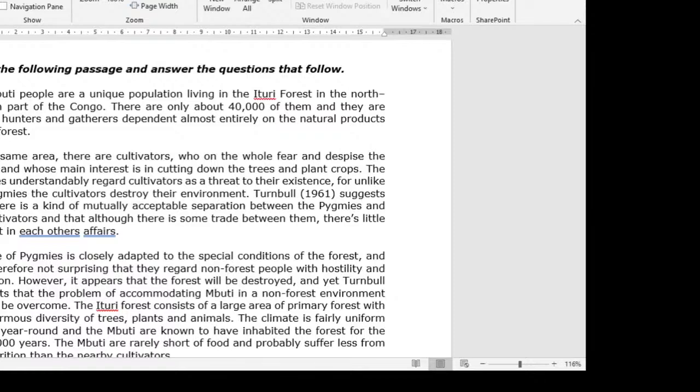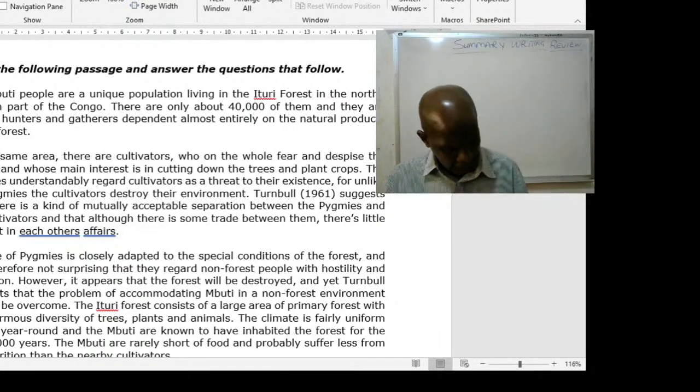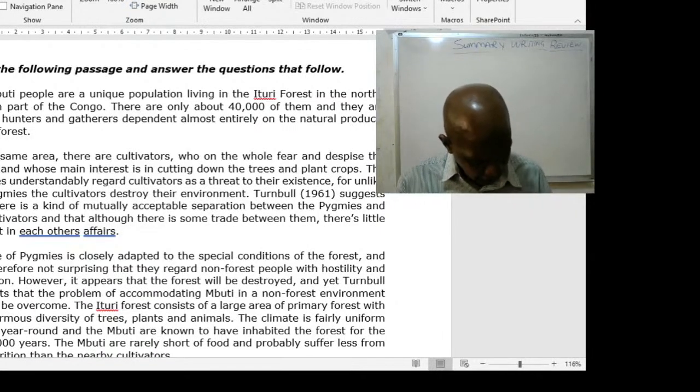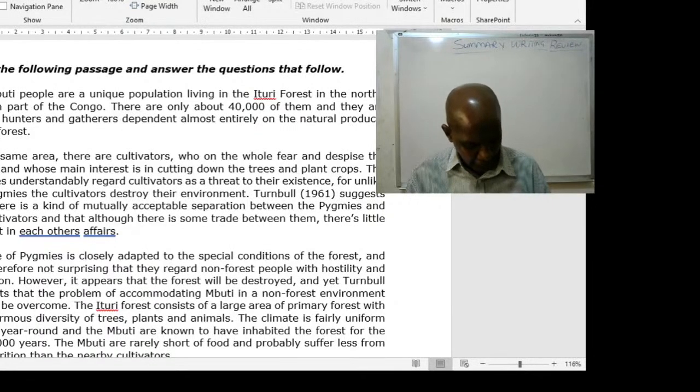When you move down in the same paragraph, there is a section of the paragraph that begins with only one main road cuts through the forest. It is about the middle of that paragraph. I hope you can see that. So above that sentence, only one main road cuts through the forest, there's a sentence that says, the Mbuti are rarely short of food, then they suffer less from malnutrition.